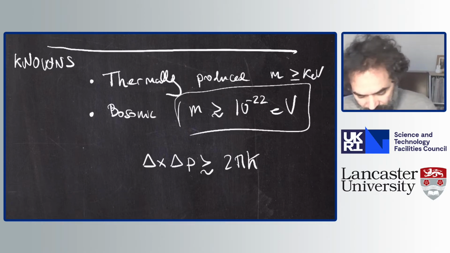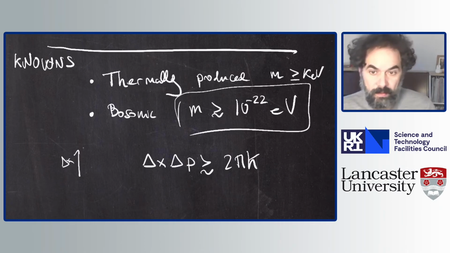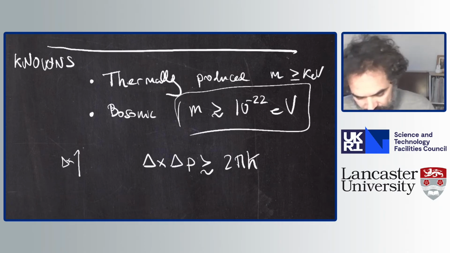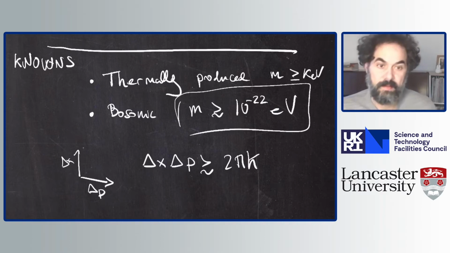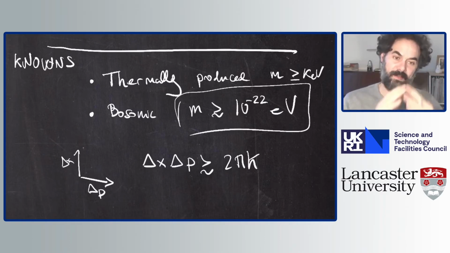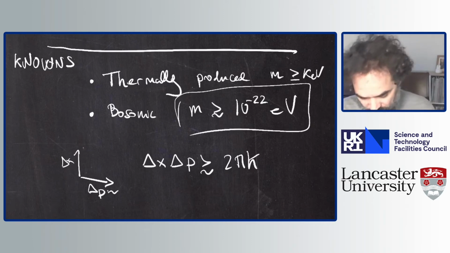So if you have a galaxy which has a certain size, then this candidate has a certain spread in momentum, mass multiplying velocity.